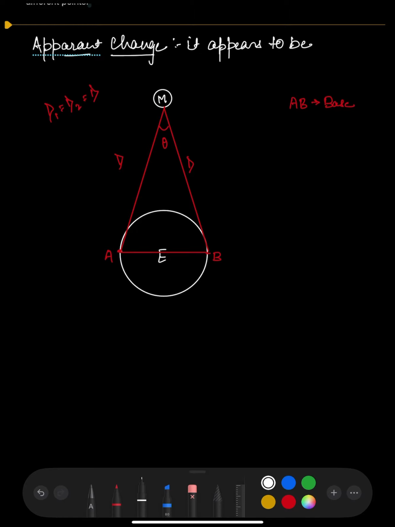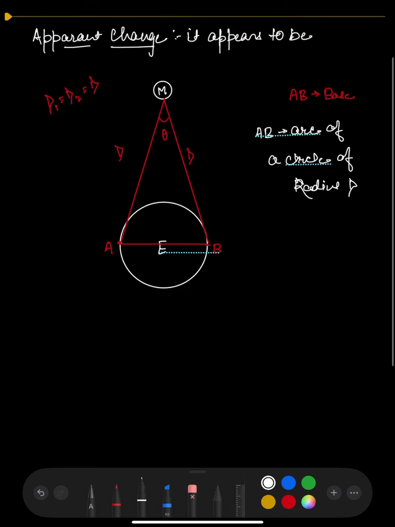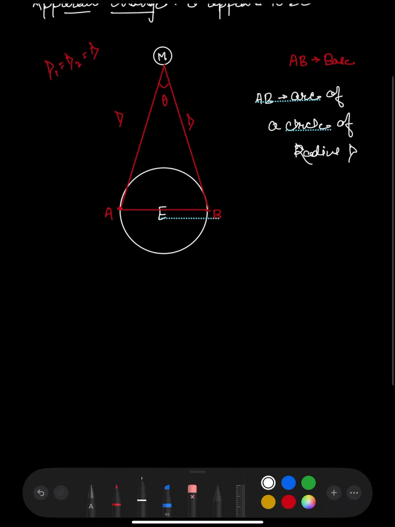Now AB is the base, D is the distance. If I consider AB to be an arc of a circle of radius D, then in mathematics, arc is equal to radius into the angle it covers.